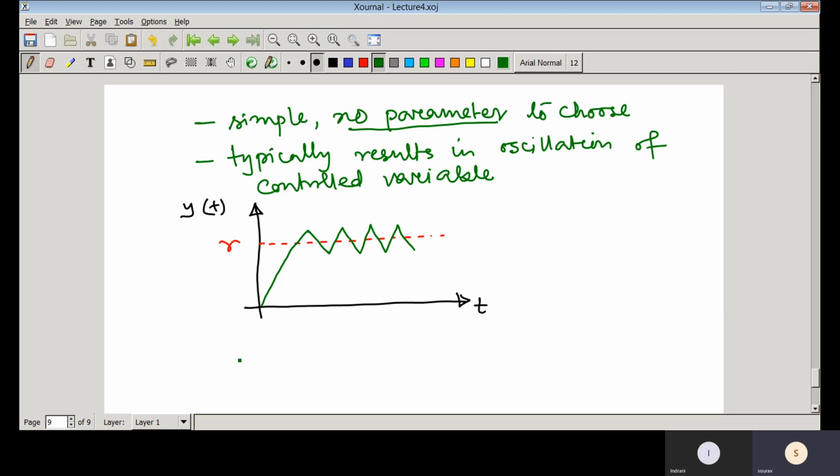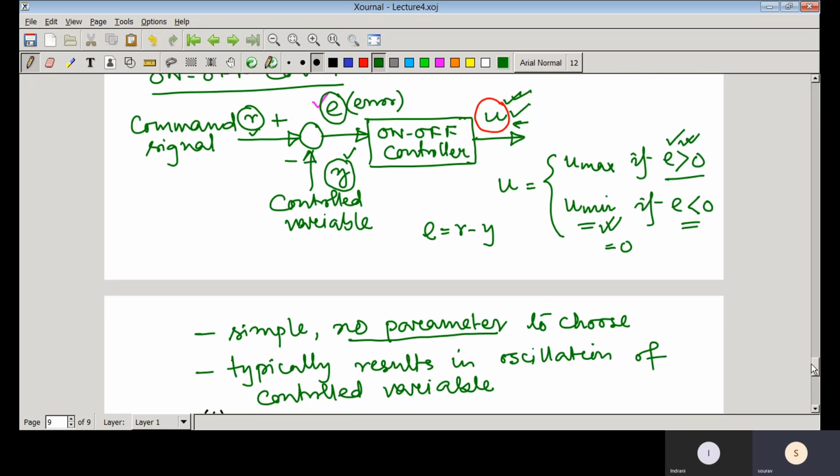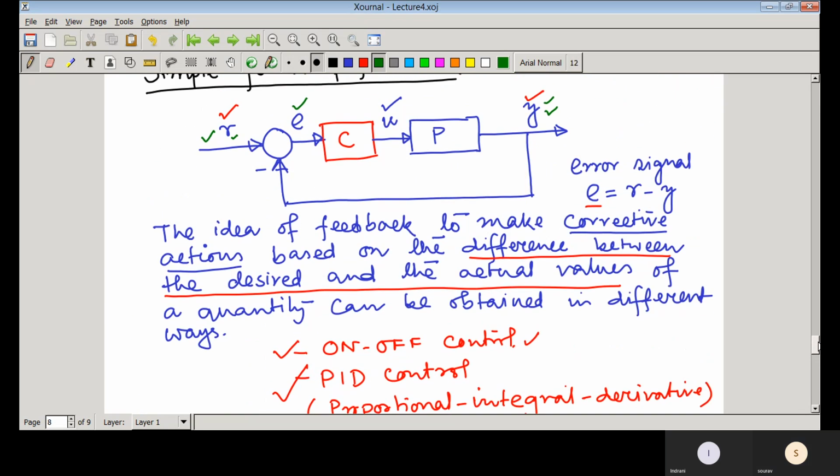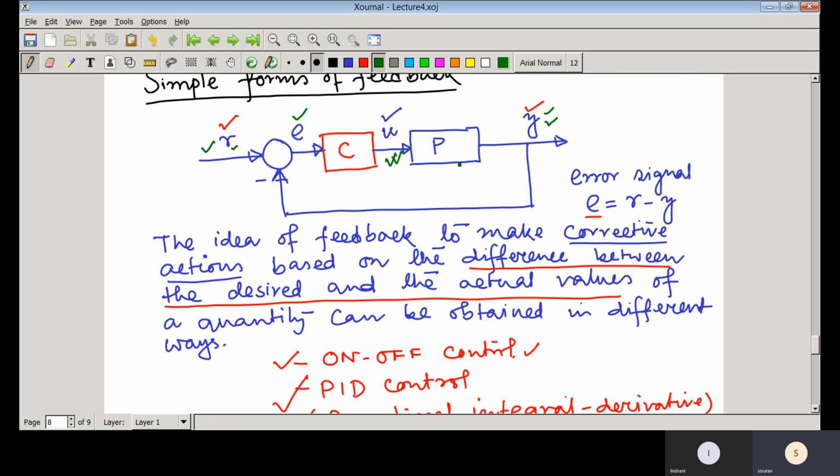There is another disadvantage of this on-off control, although it is simple. You can see here, when error equals 0, no control input is defined. So you do not know what the control input would be, how much control input will be fed to the plant.